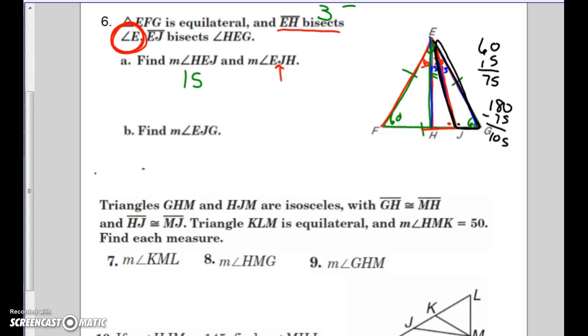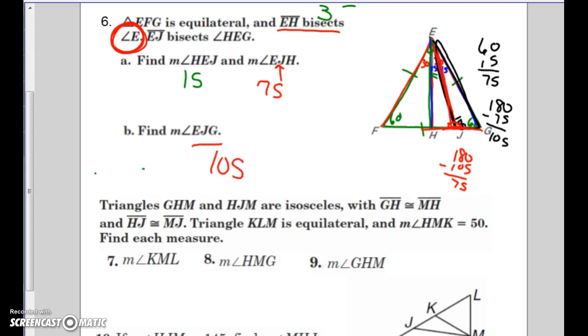That means that this angle right here is 105. And this is a straight line, so these two have to equal 180. 180 minus the 105 is 75. Right? And then EJG is the 105.